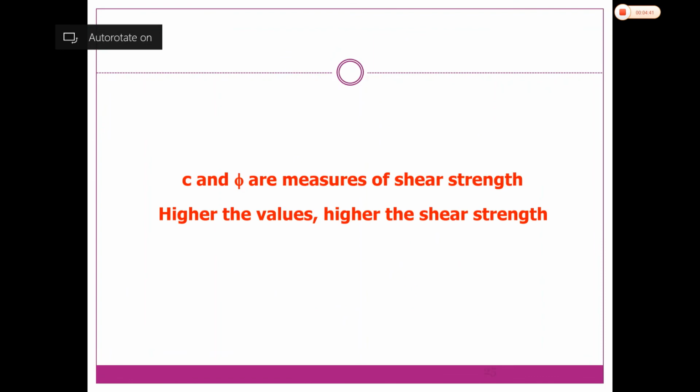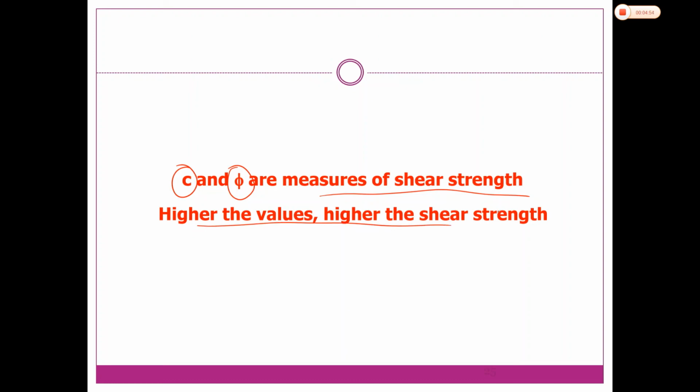Okay, so C and the friction angle: this is the symbol for cohesion and this is the symbol for the friction angle. They measure the shear strength. The higher the value, the higher the shear strength, and it also depends on the type of soil and also the permeability of the soil itself actually.